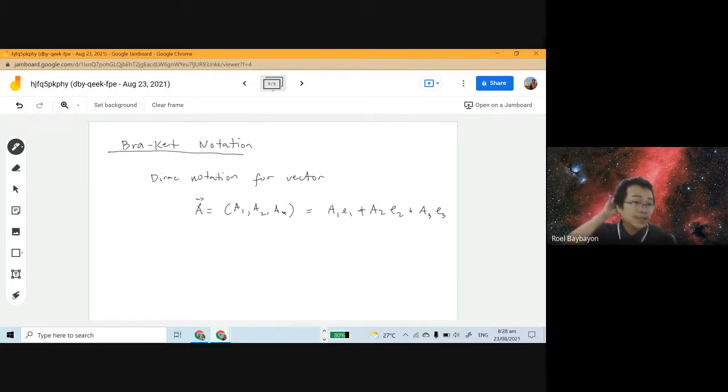But sa Dirac, in terms of bracket notation, pwede na ako isulat si A in terms of bracket notation. I can write this A as this. Okay? Or you can write this as this. We call this one as the ket vector.